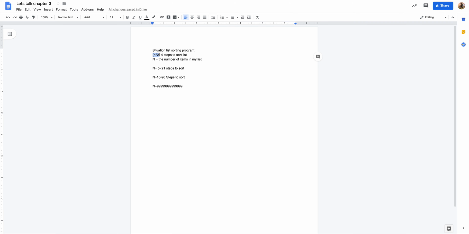If a function takes n squared steps to sort, then it is to the second degree. If it were n cubed, it would be the third degree.